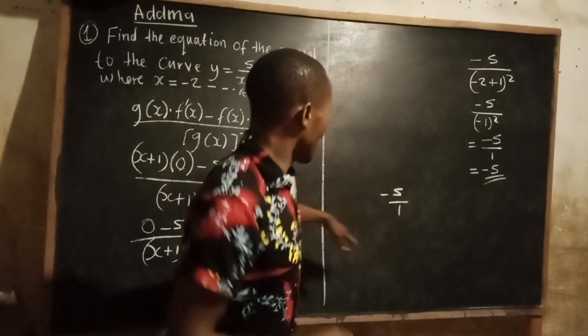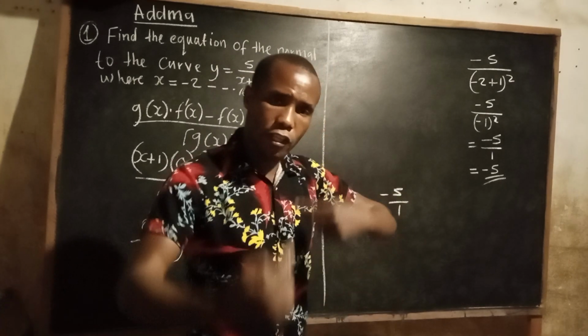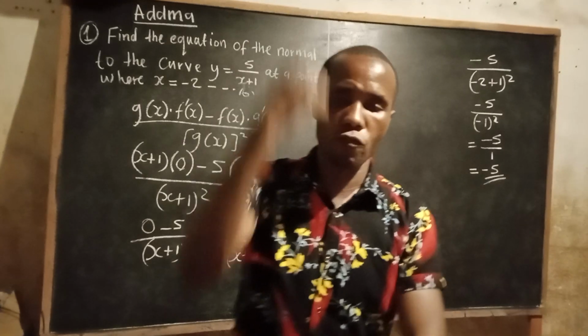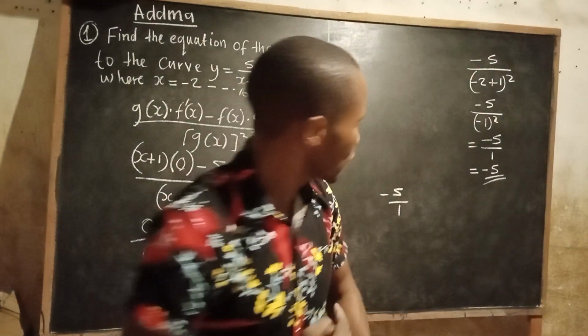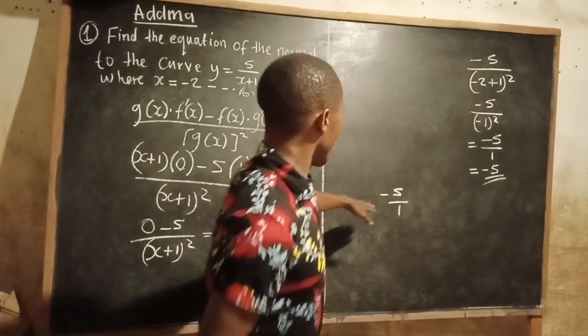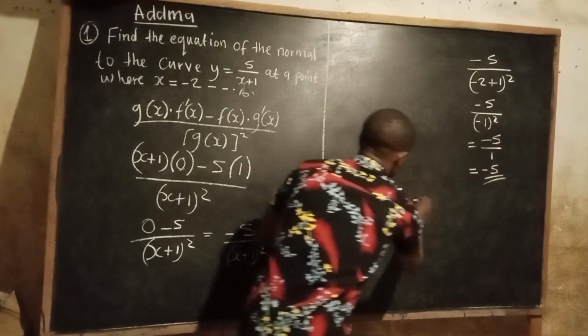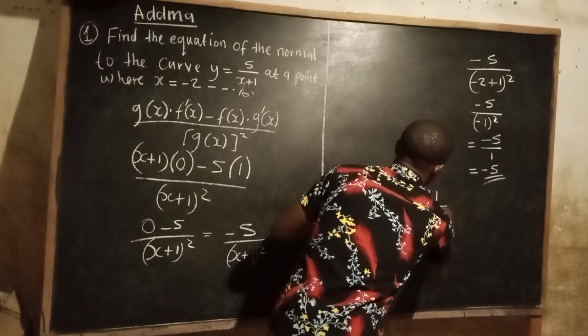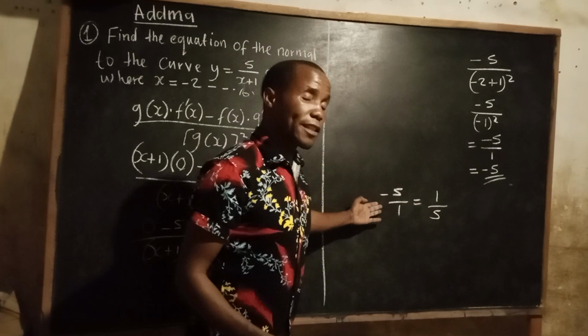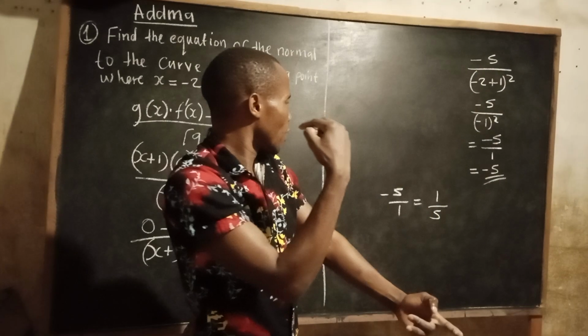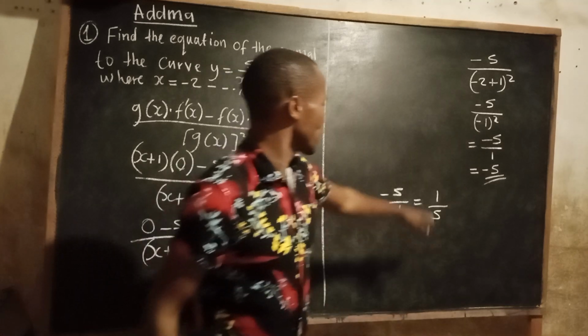Every whole number is over what? 1. So now, reciprocate, it means that the denominator will become the numerator, and the numerator has to be the denominator. This is what it means to reciprocate. So now, this one is going to be 1 over what? 5. Okay? And it should be positive. If it is negative, when it is reciprocating, it changes its sign to what? Positive.